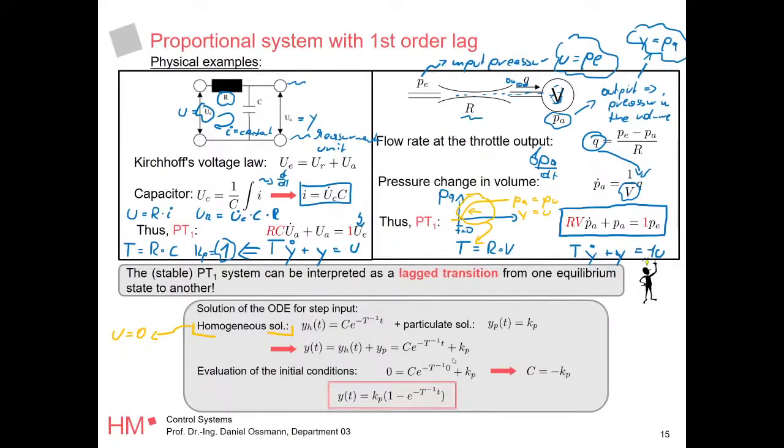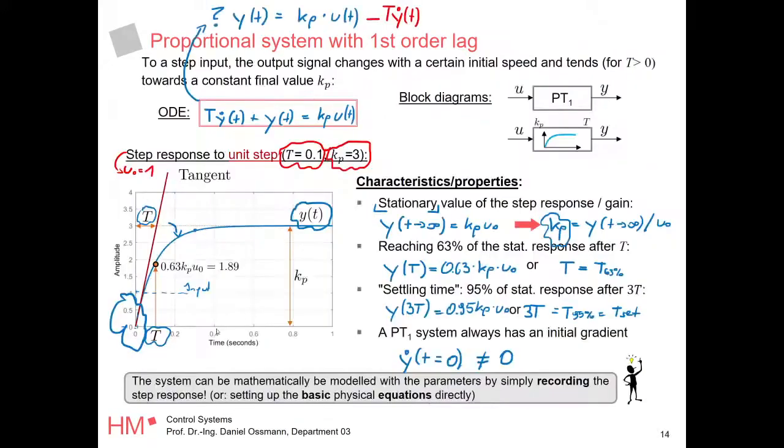You just add this together. Obviously, you have this integration constant. You need to evaluate the initial condition and so on. And then you will have your answer. And this is the answer of your system, right? And this is basically Kp minus this exponential function. And this negative exponential function is exactly what you see here, right? So it's a decaying function, but it's negative.